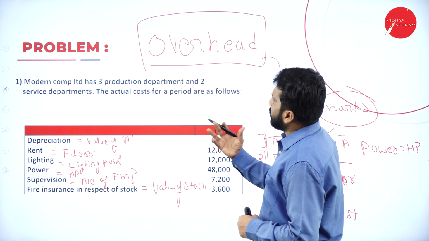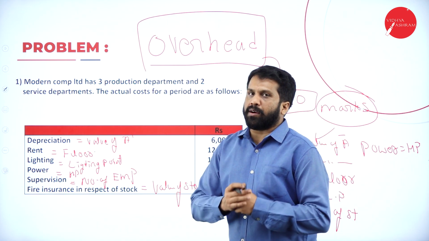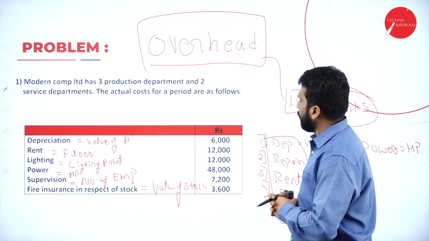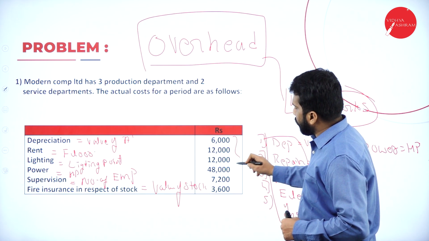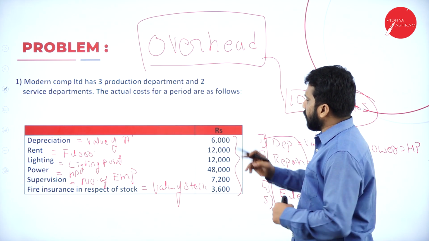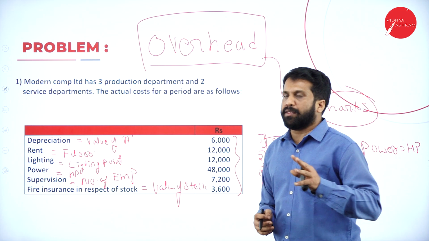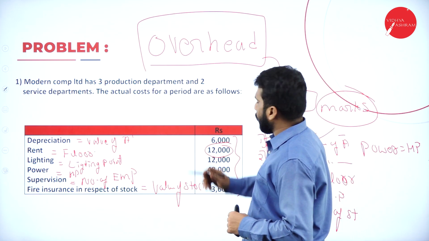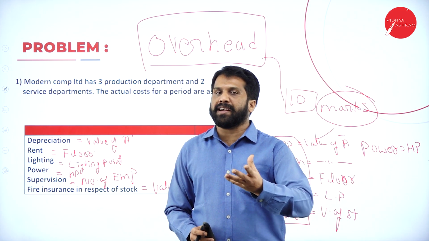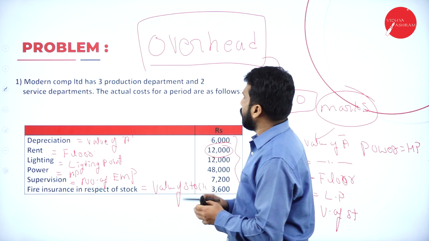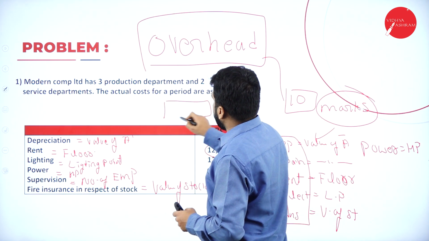Now, these are the overhead problems. Overhead problems are actually very simple. See, these are the expenses you have. Depreciation 6,000. I'll give you the best example for this. Rent is 12,000. You and your friend are residing in a house.